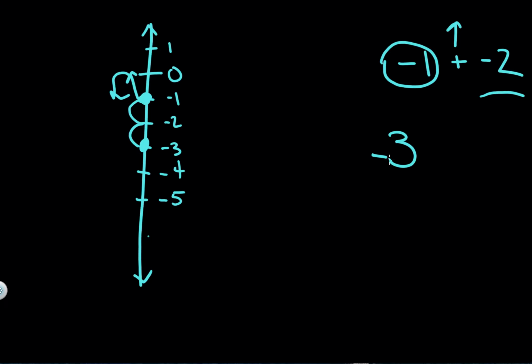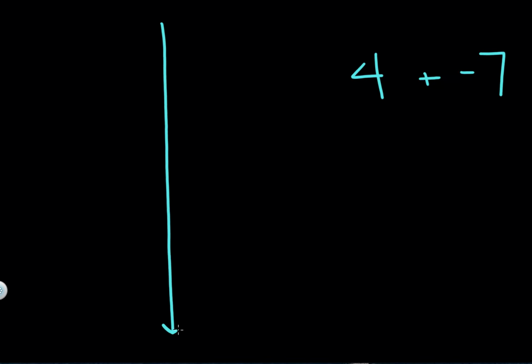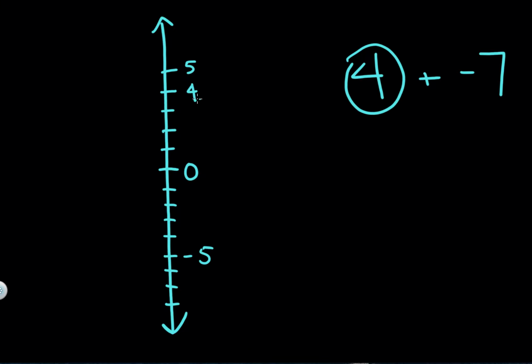One more example. Let's do 4 plus -7. I put my vertical number line, 0, 1, 2, 3, 4, 5. So this is 5, that makes this one 4. -1, -2, -3, -4, -5, -6, -7, -8. So my starting place is at the 4.